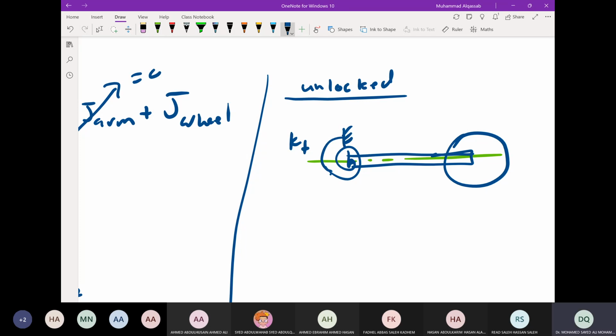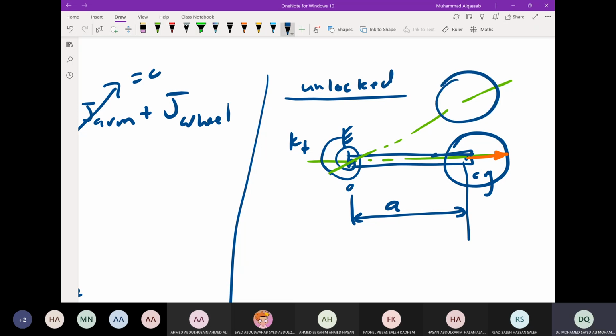So this is point O again, and this is point CG, and here is the distance A. Again, we put the reference mark on the wheel, and we draw the second position. Here is the wheel, here is the arm. The reference mark will still be horizontal.